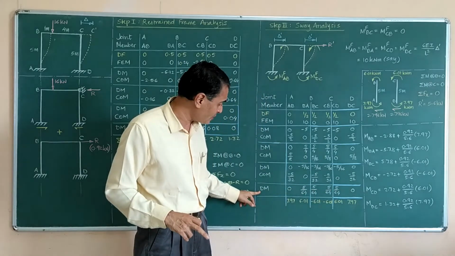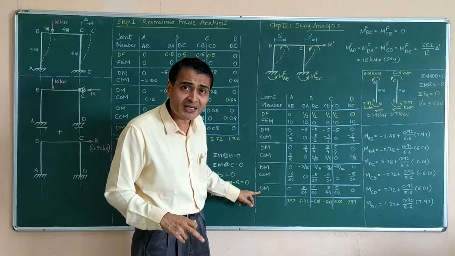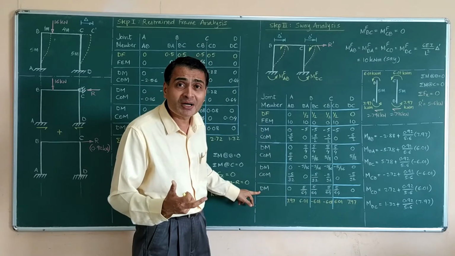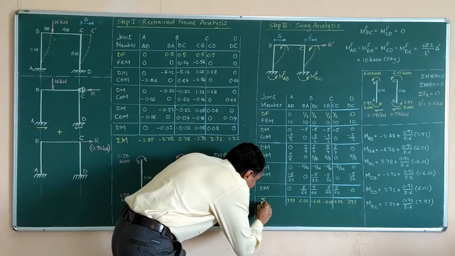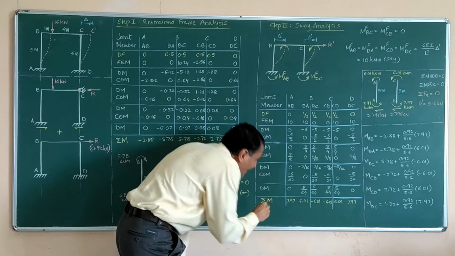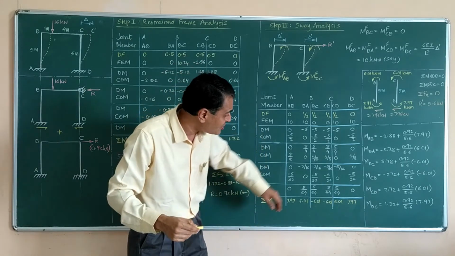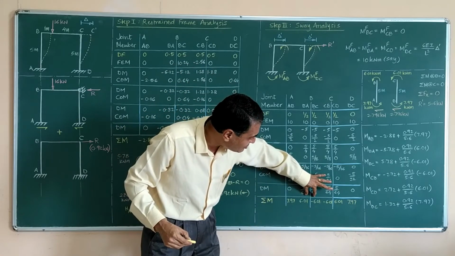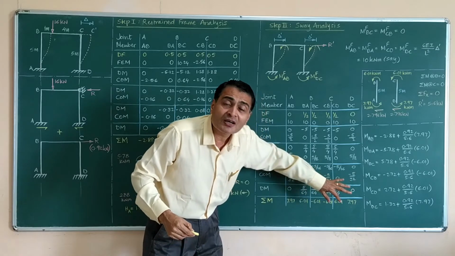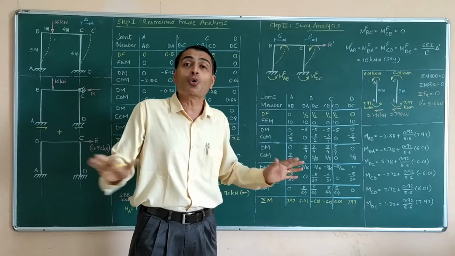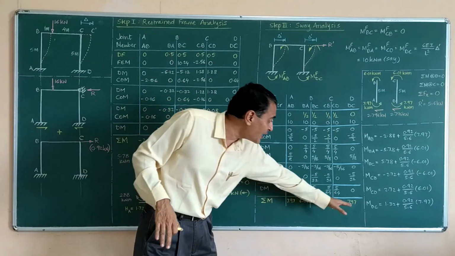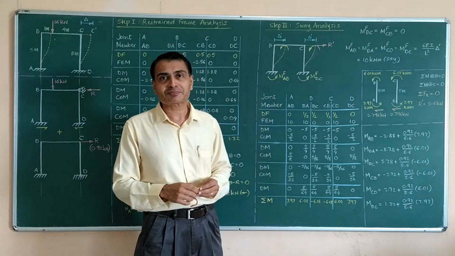These are again distributed moments. When I take the sum of moments, I observe that there is a balance here, there is a balance here. So I assume that my moment distribution is over. And these are my end moments.